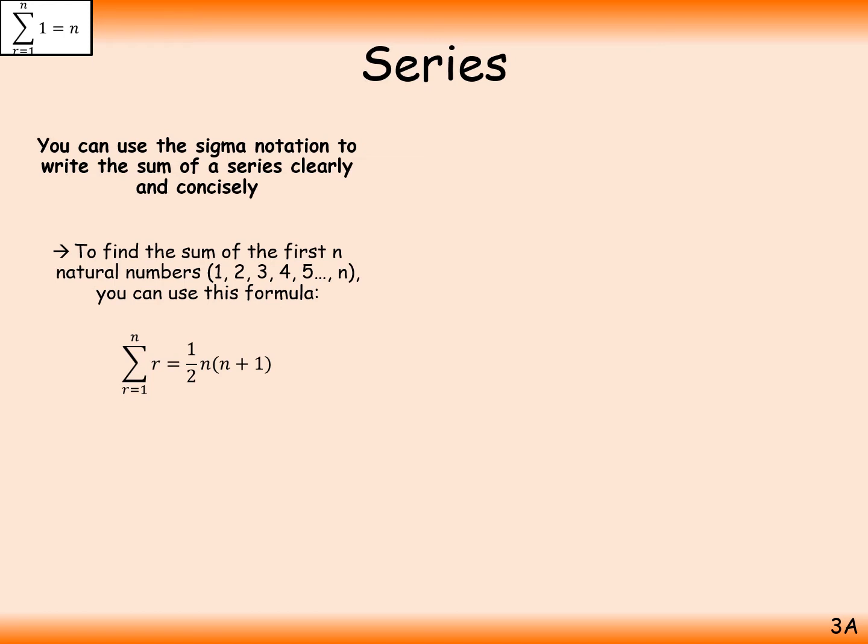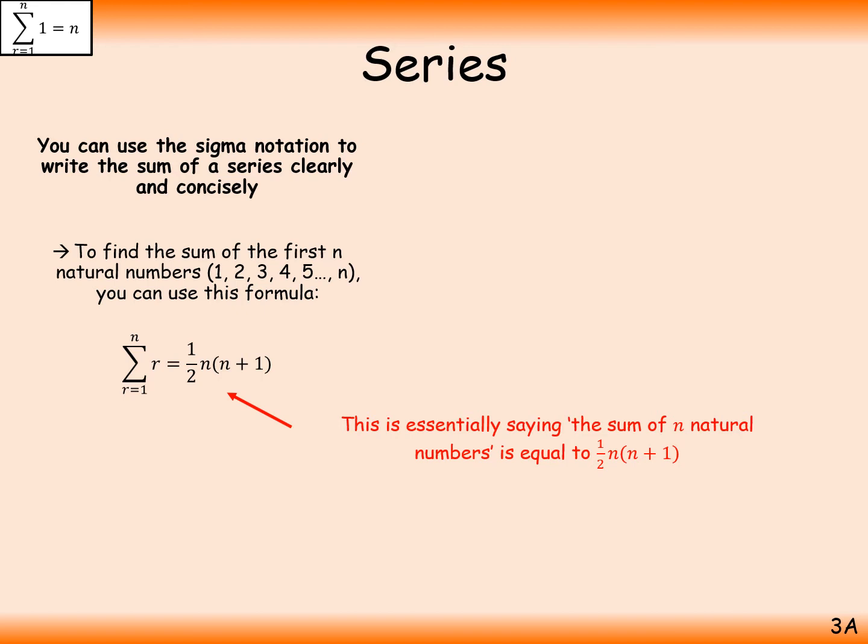To find the sum of the first n natural numbers, so 1, 2, 3, 4, 5 all the way up to n, you can use this formula: sigma r is equal to half n, bracket n plus 1. Now this should look quite familiar from arithmetic sequences in A-level maths. This is essentially saying the sum of n natural numbers is equal to half n bracket n plus 1.